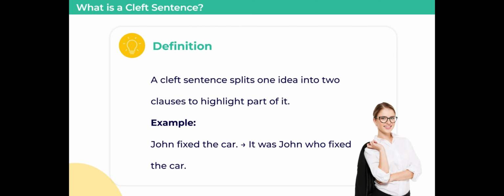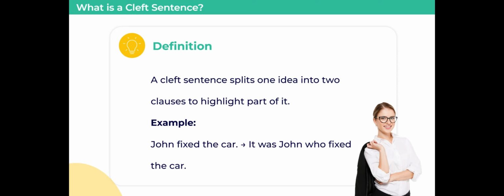Well, we have a great example straight away. John fixed the car. Okay, this is a great active speech sentence. John fixed the car. Now, we can create a cleft sentence by saying, it was John who fixed the car.